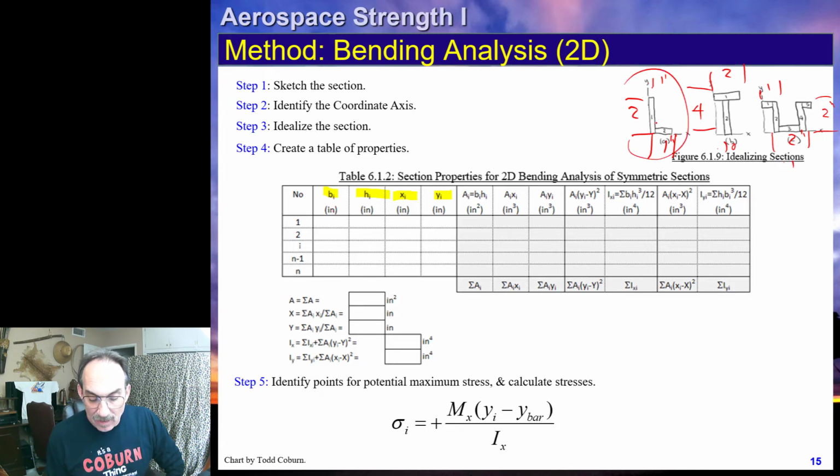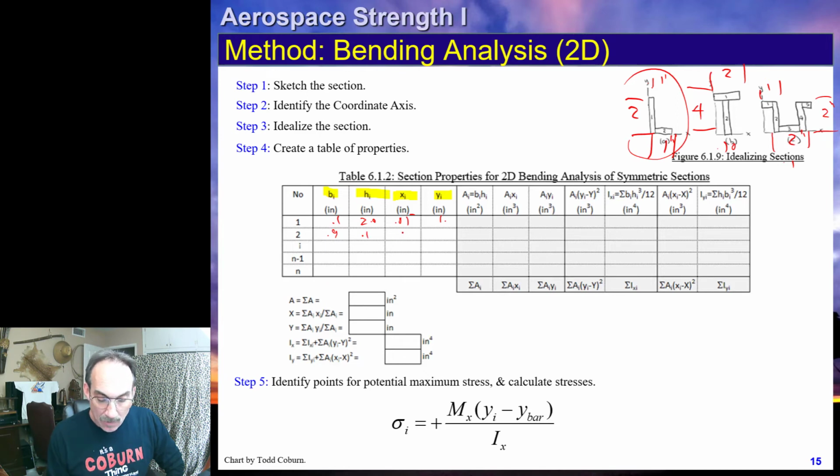Our element 1 would be 0.1 by 2.0 with an X bar of 0.05 and a Y bar of 1.0. Our second element is 1 minus the thickness of the other, which means it's 0.9 wide. It is 0.1 tall.